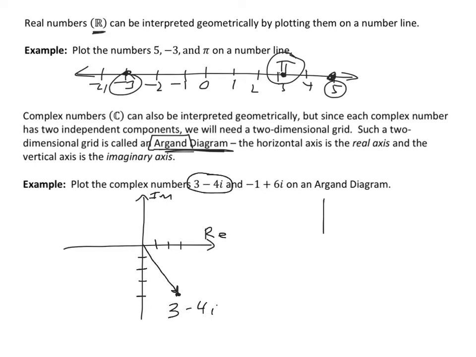So -1 plus 6i on an Argand diagram would be us going backward 1 in the real direction, and then in the imaginary direction going up 6. 1, 2, 3, 4, 5, 6. So at this point here, again, you can draw the arrow or not. -1 plus 6i, that's what that would look like on an Argand diagram.